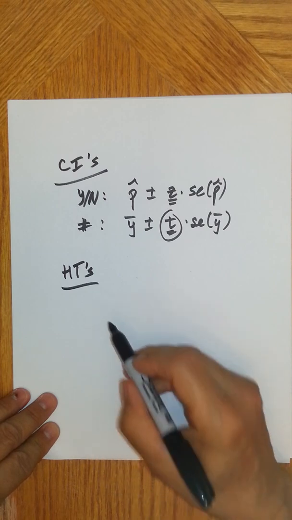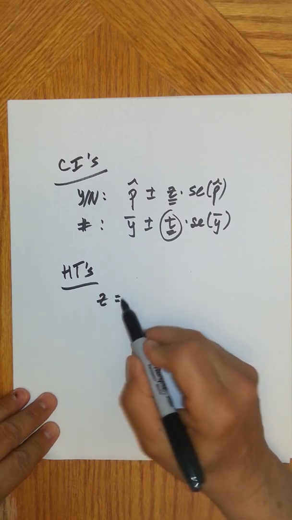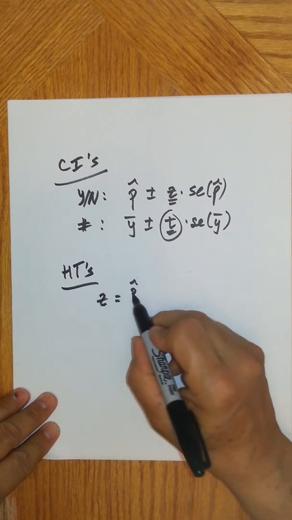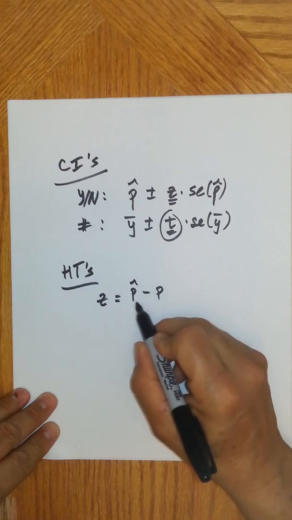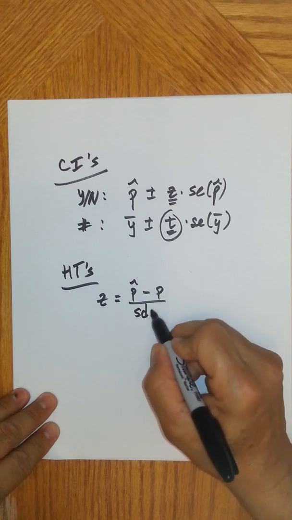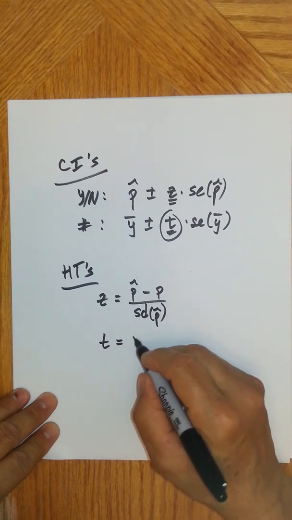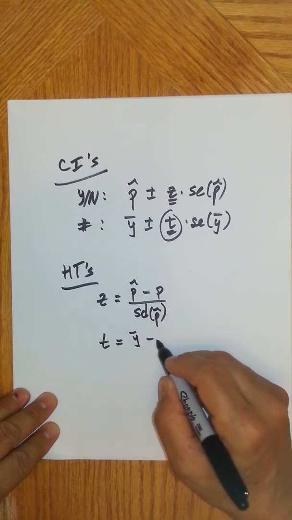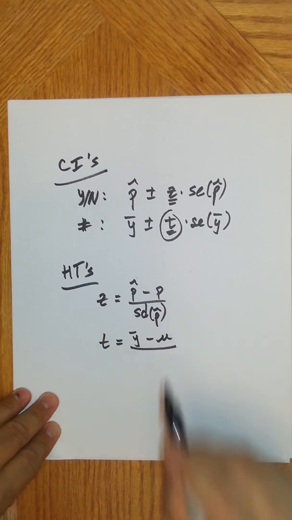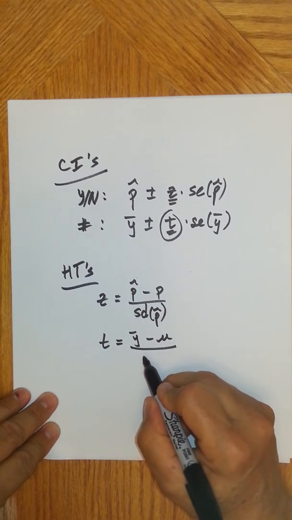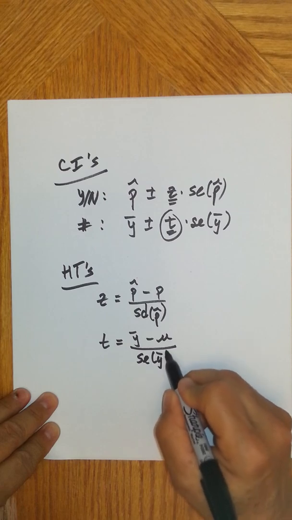The other place you'll see it is in hypothesis tests. Instead of a z-score, where you look at how far my sample proportion is from the mean over the standard deviation, now you'll be using a t-score. You'll ask how far my sample mean is from what I'm assuming is the mean in my hypothesis test, over the standard error of y bar.